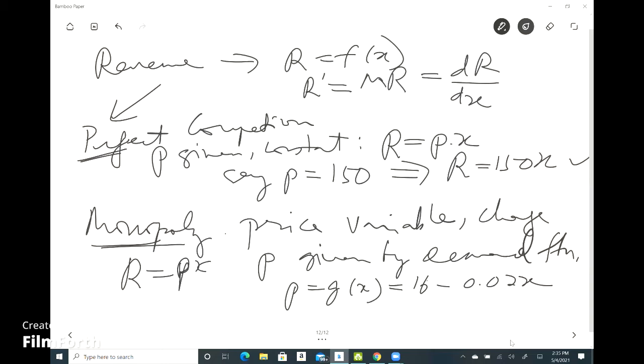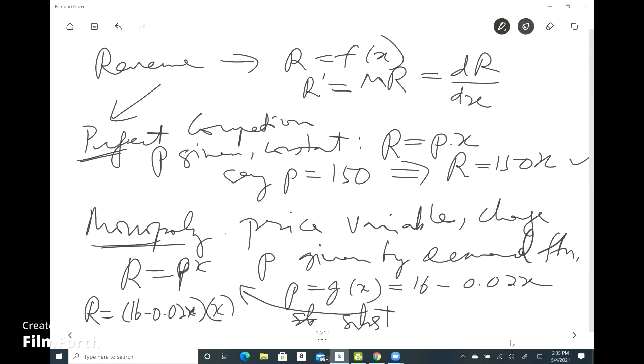So from here, you will get the revenue. So you substitute this into the revenue. What do we get? You get revenue equal to 16 minus 0.02x multiplied by x. So that is our revenue function.